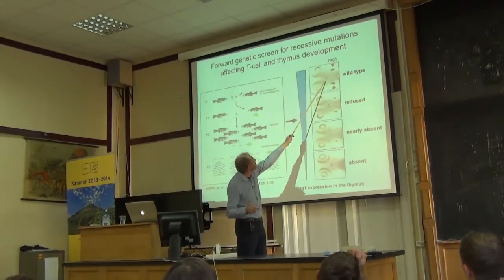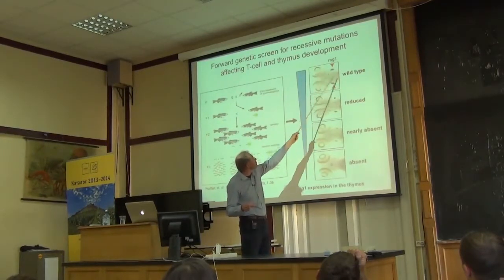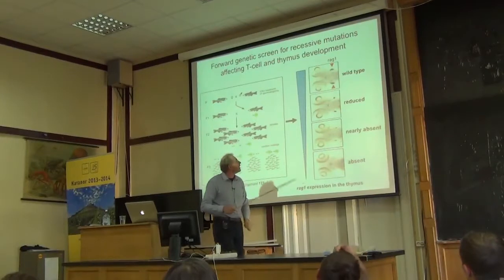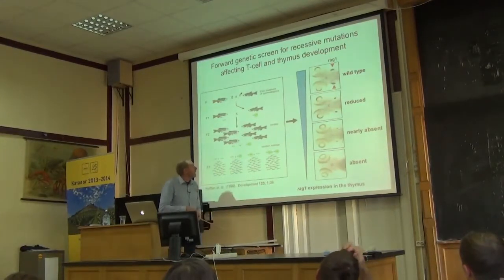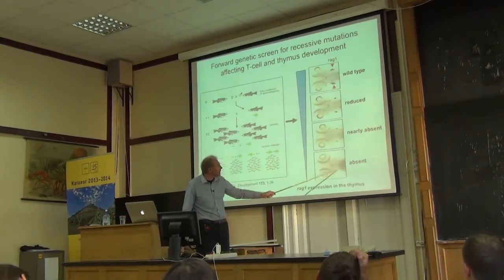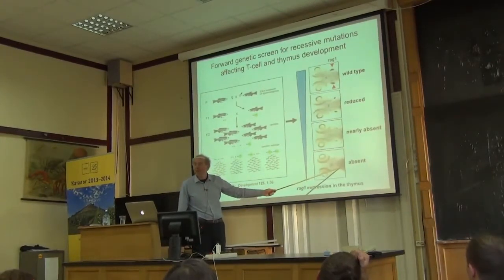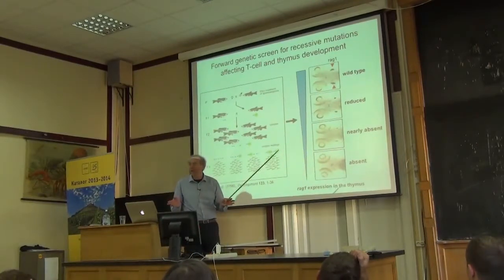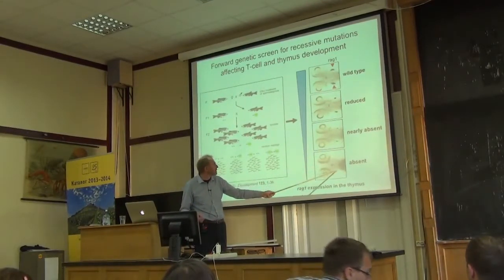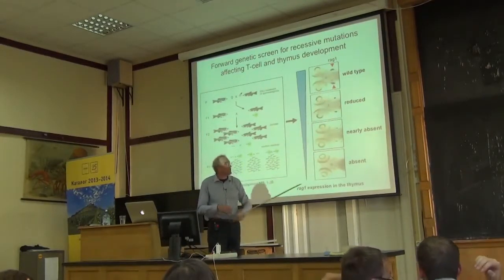And there's a control which you might not be able to see here. This is the control which we always do to control for failed experiments. And then you can see the different phenotypes. So there are happy fish that don't have any developing T cells. This is our prime phenotype, perfectly healthy fish, but no T cells developing, or reduction to various degrees compared to the wild type.